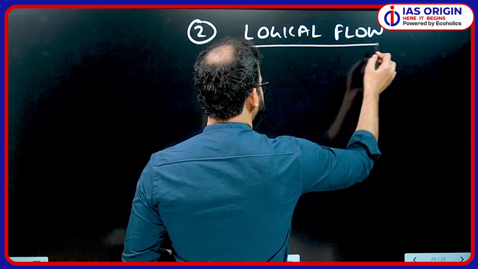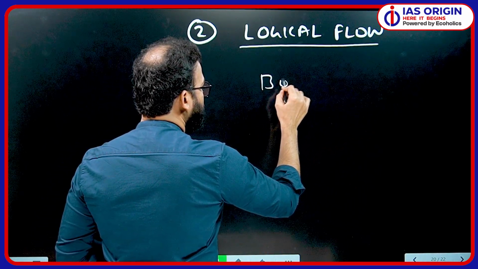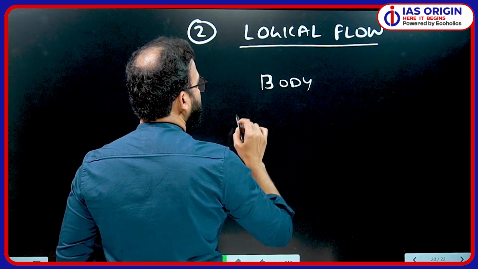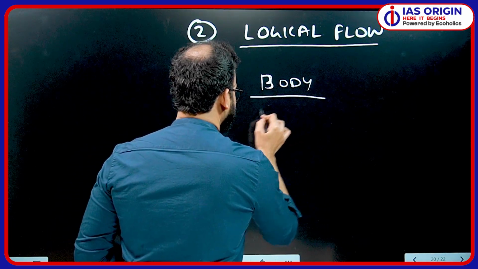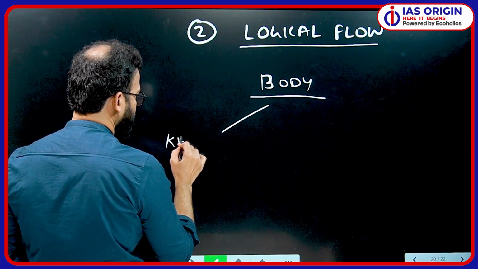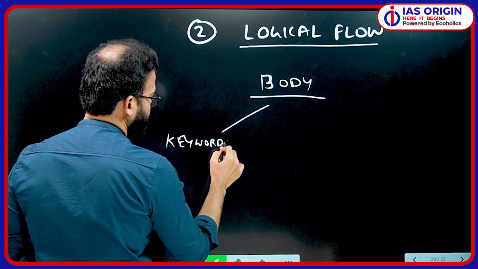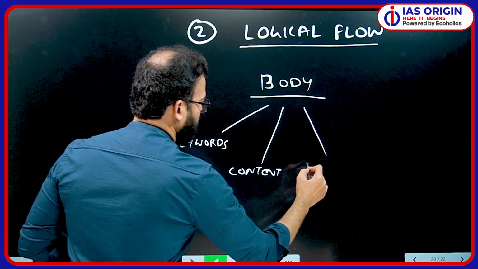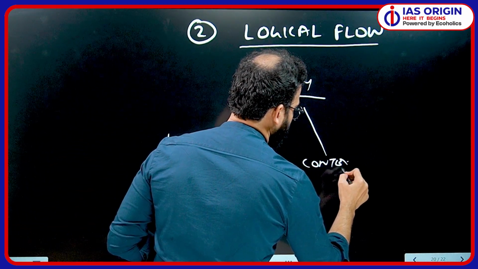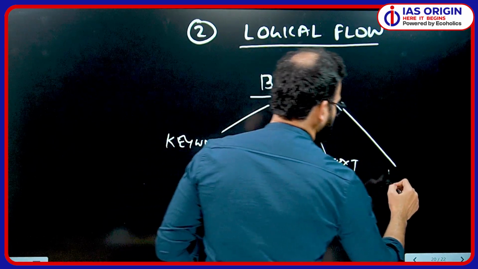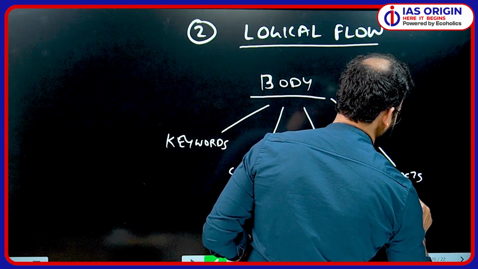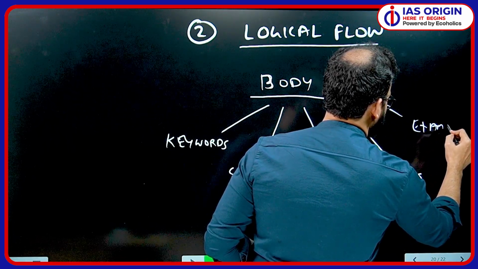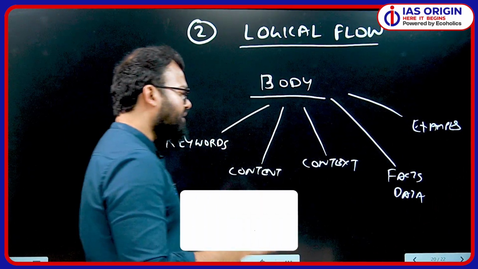Next point is about the logical flow. So when we talk about the body in answer writing, under the body there are certain factors like keywords, like content, like context, okay, like facts, data, like examples, and there are several others.